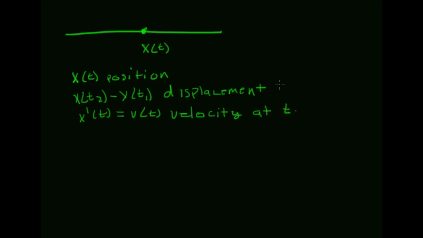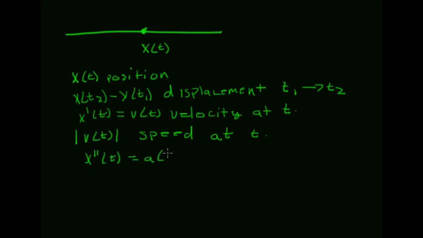So this is the displacement from t1 to t2, right? So this is the velocity at time t. If I take the absolute value of the velocity, I get the speed at t. And finally, if I take the double derivative of x, this gives me the acceleration at time t, or the derivative of the velocity, and that's the acceleration at t.